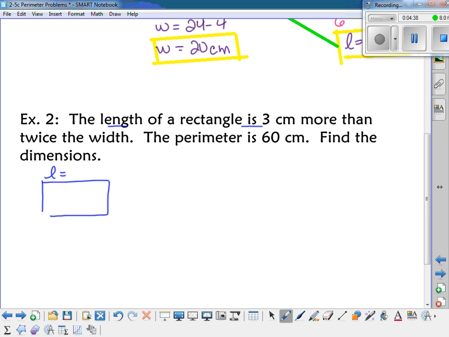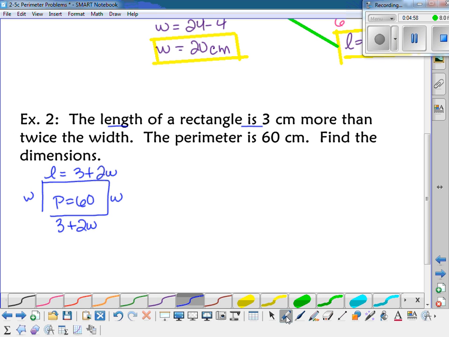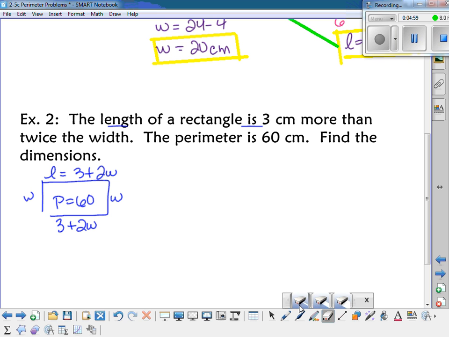I'm adding it on, right? So 3 plus twice the width would be 2W. And then, of course, the width is W. So for the length, instead of writing L, I can write 3 plus 2W. And the perimeter is equal to 60.